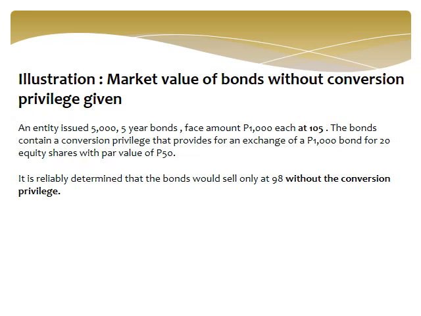So, since it is a compound financial instrument, a convertible bond, the entity sold it at 105. But if only the liability component were sold, it would be only 98. So, therefore, the market value of the bonds without the conversion privilege is given.